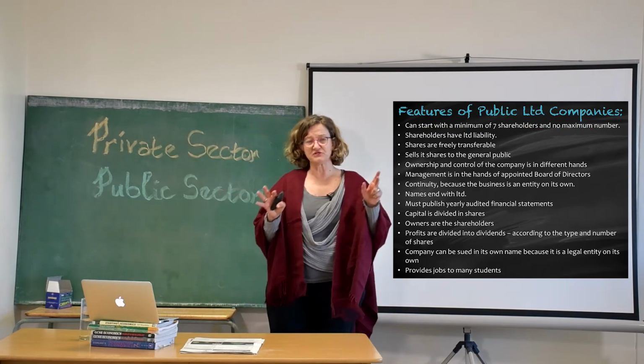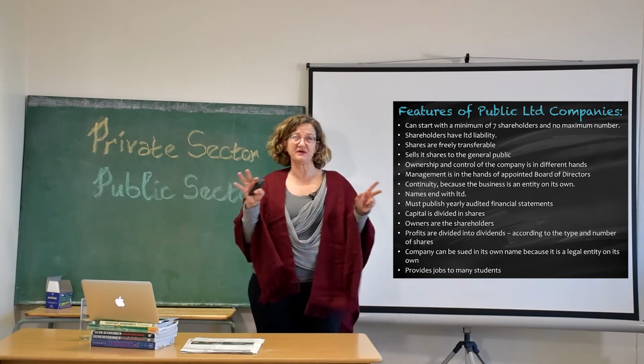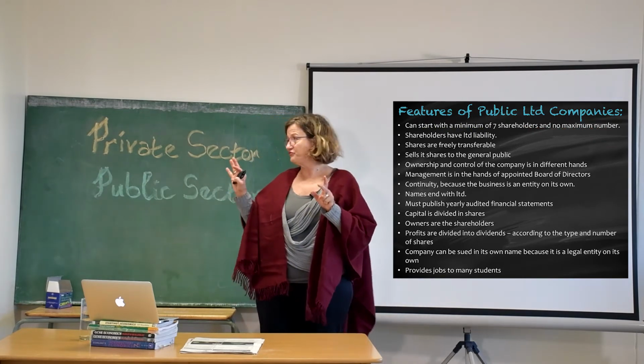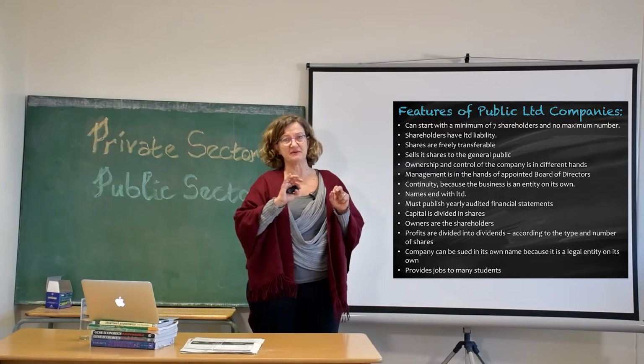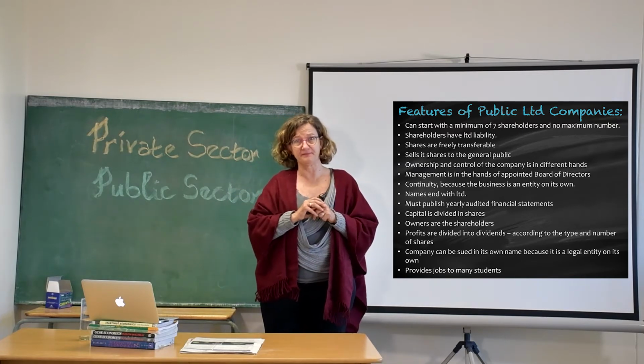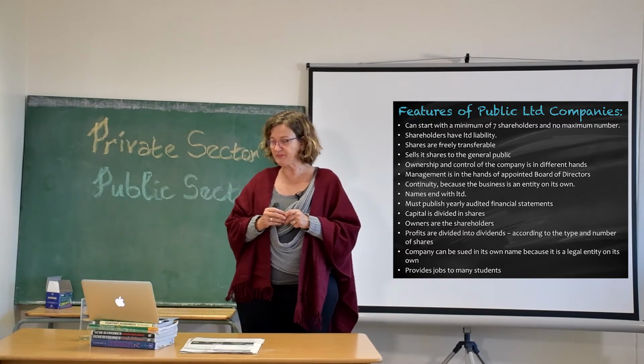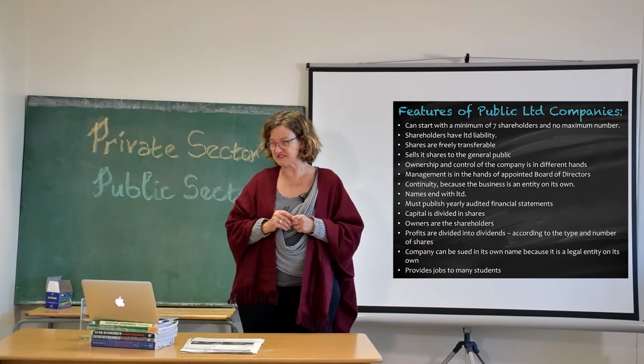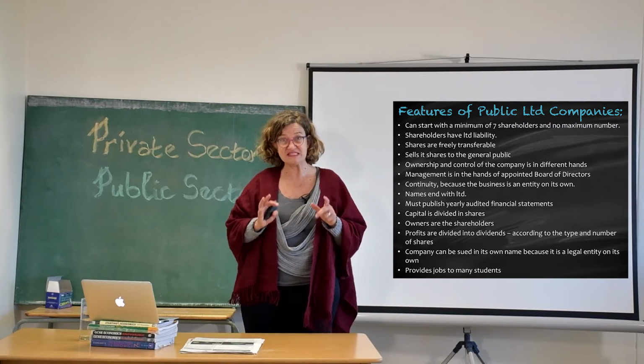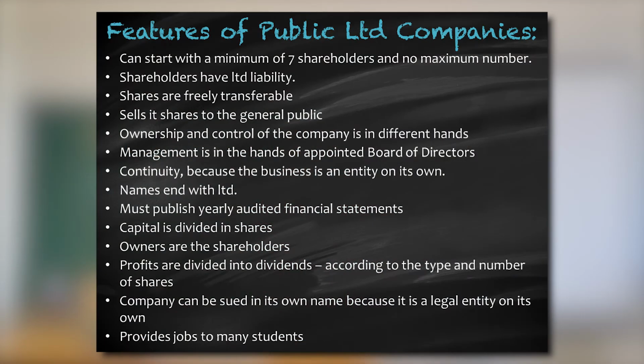You can also get a question, you will later on see, about the difference between when it is a private company and when it is a public company. So we look at the features. Public limited companies can start with a minimum of 7 shareholders. The maximum is unlimited, it can be any amount.